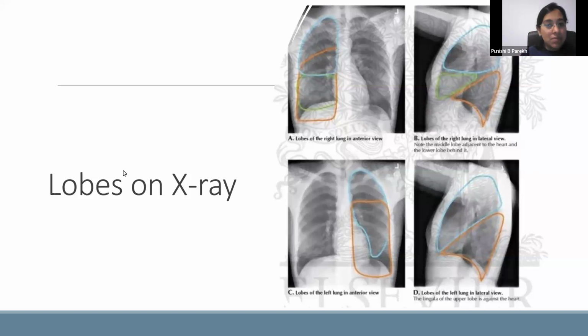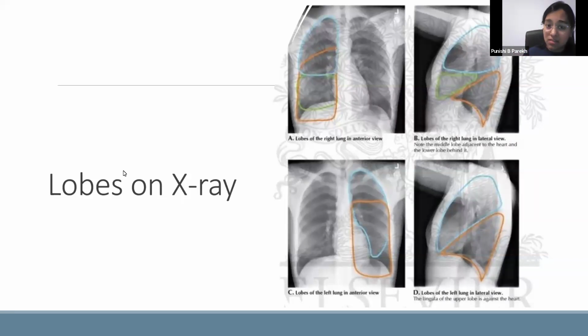Probably even a CRP can help give you an idea as to what kind of infection. The more severe the infection, like a bacterial infection, you will have a higher CRP, which is an acute phase reactant. So again, it's not a mandatory investigation, but remember, chronic cough with a suspicion of tuberculosis, a Mantoux and a sputum or a gastric lavage for AFB and CBNAAT is a must.